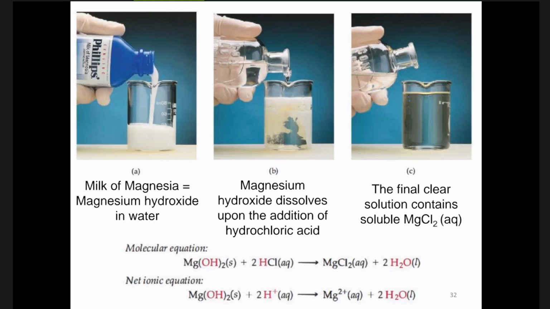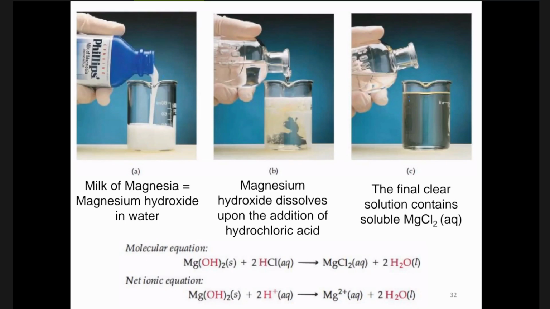You see that magnesium hydroxide starts to dissolve when you add the hydrochloric acid. The dissolution of the magnesium hydroxide indicates that magnesium hydroxide is consumed in the chemical reaction. At the end of the reaction, you see that the clear solution contains only soluble magnesium chloride.